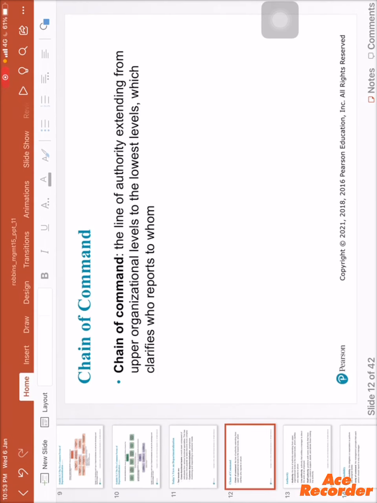Chain of command, this is the line of authority extending from upper organizational level to the lowest levels, which clarifies. So if you look at, let's say, figure 4.3a, through the organizational charts, then we know who's going to be our boss, what will be the line of the flow of communication in a company.